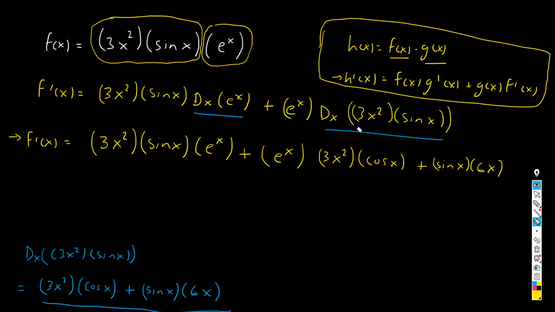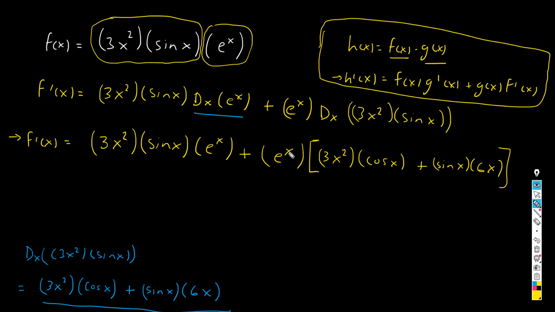Because in this part in here, this function e to the x is multiplying the derivative of all of this. And since the derivative of all of this is all of this thing, you have to put it in between brackets like so, in order to establish that e to the x is multiplying all that is inside these brackets. And we're done.